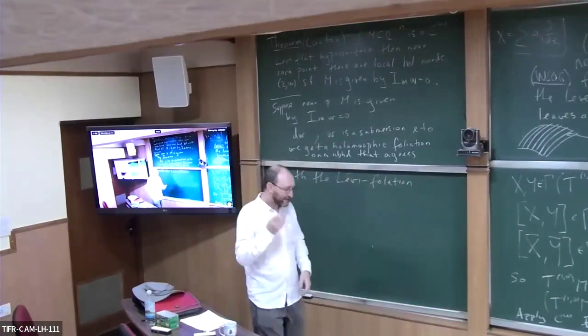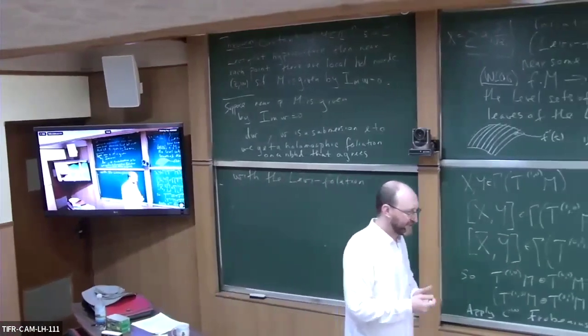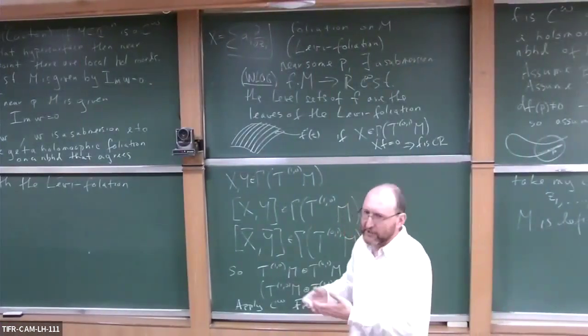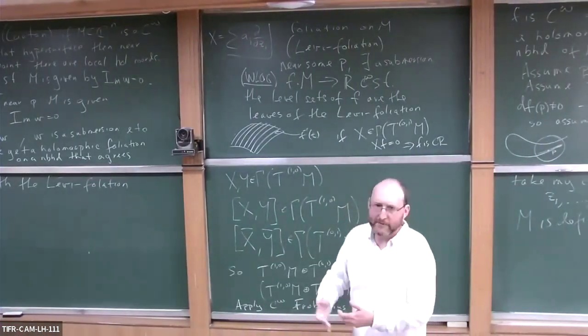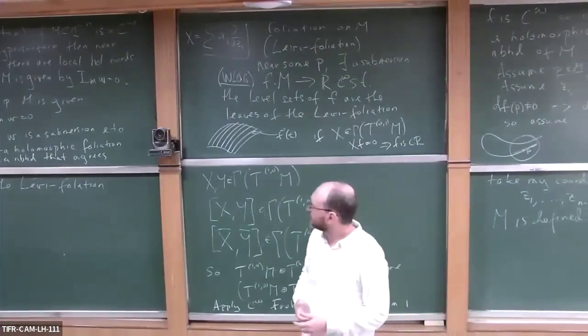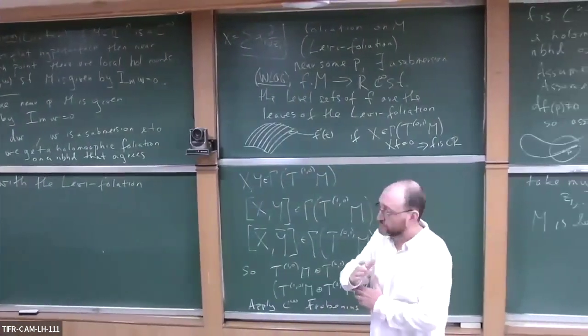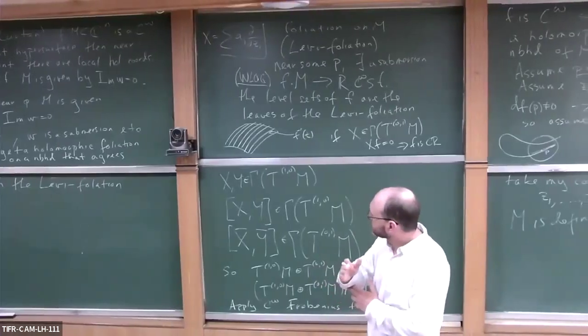Suppose that you had another foliation given maybe as a one form omega. Well, what is that foliation really giving you?